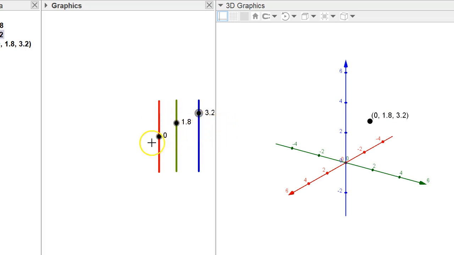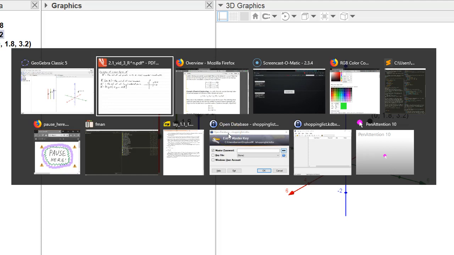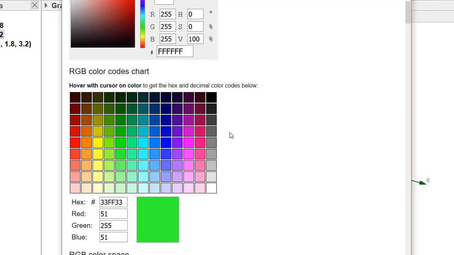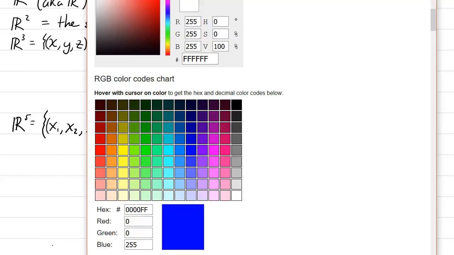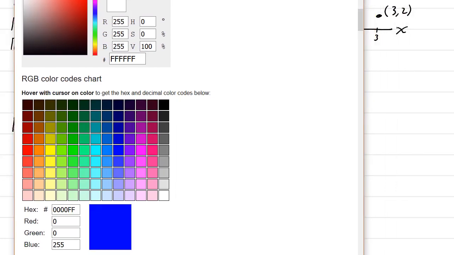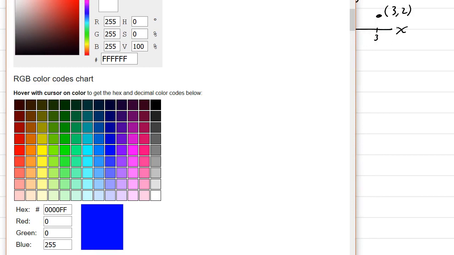And I chose red, green, and blue here not just by coincidence, but also because a set of 3 numbers doesn't just have to represent a point in 3-dimensional space. It could also represent a color, because you could describe the red, green, and blue color coordinates of any point with those 3 numbers.